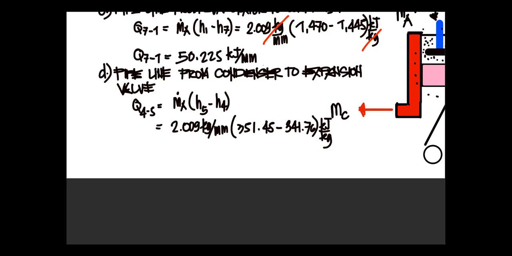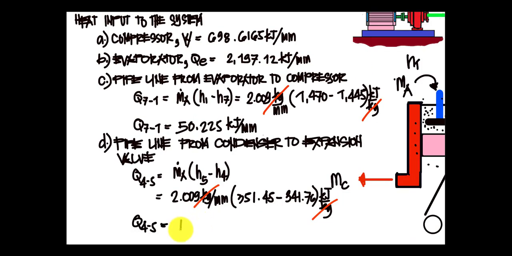We cancel out the common units. Then we have the heat 4-5 for the pipeline, with the value of 19.46 kilojoule per minute.